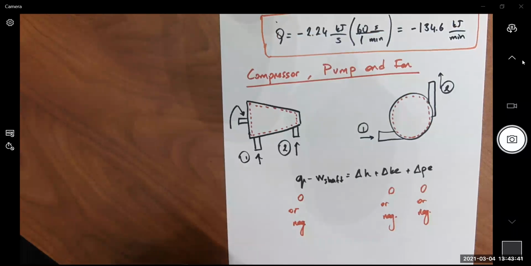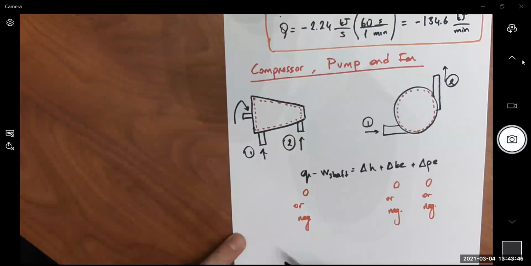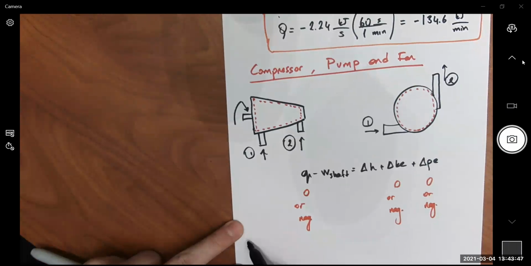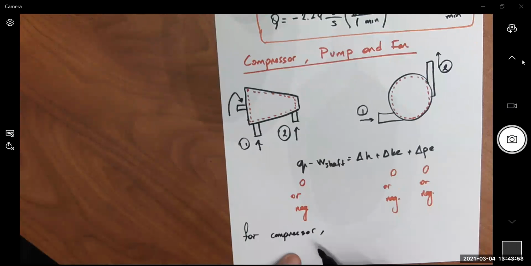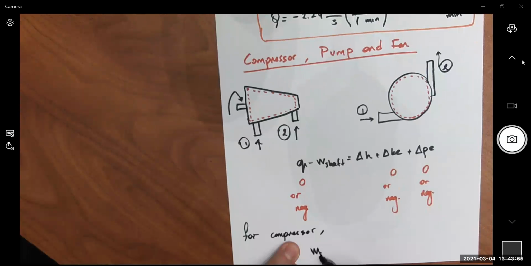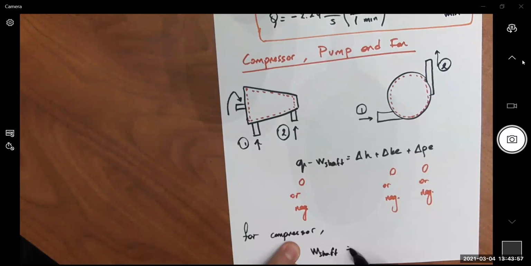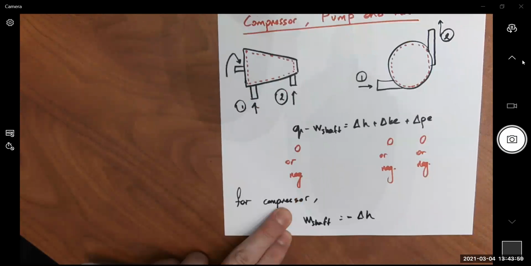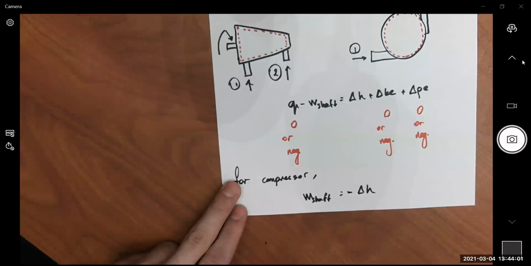So what I have left for a compressor is work shaft equals minus delta H.